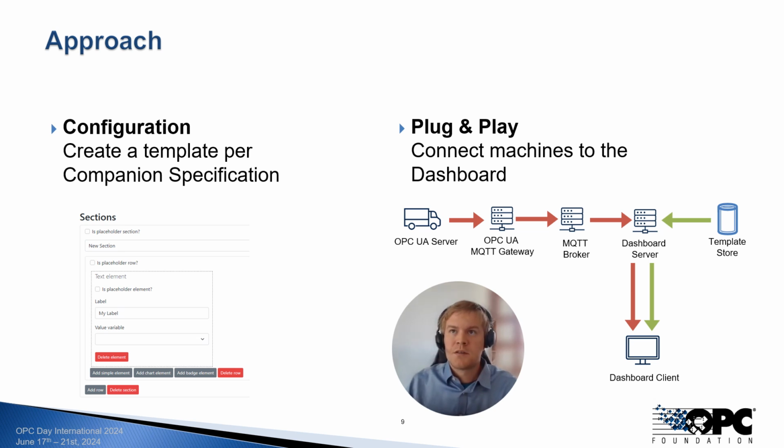Also, the dashboard server gets the templates from a storage and provides them also to the dashboard client. And there, the dashboard clients can put the data into the template and display the description of the machine.